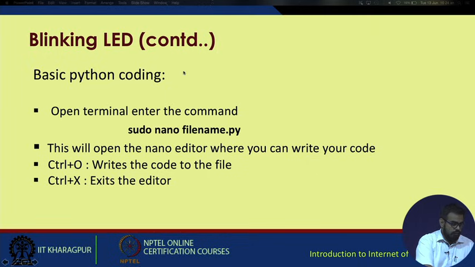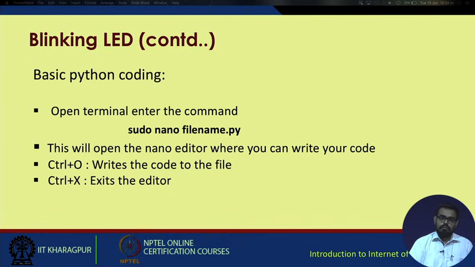On the terminal, I can obviously write my code on the terminal. So best practice is there is an inbuilt editor on the Raspberry Pi named Nano. So you write sudo nano and then file name.py. So if I want to name my file as LED blink, I write ledblink.py.